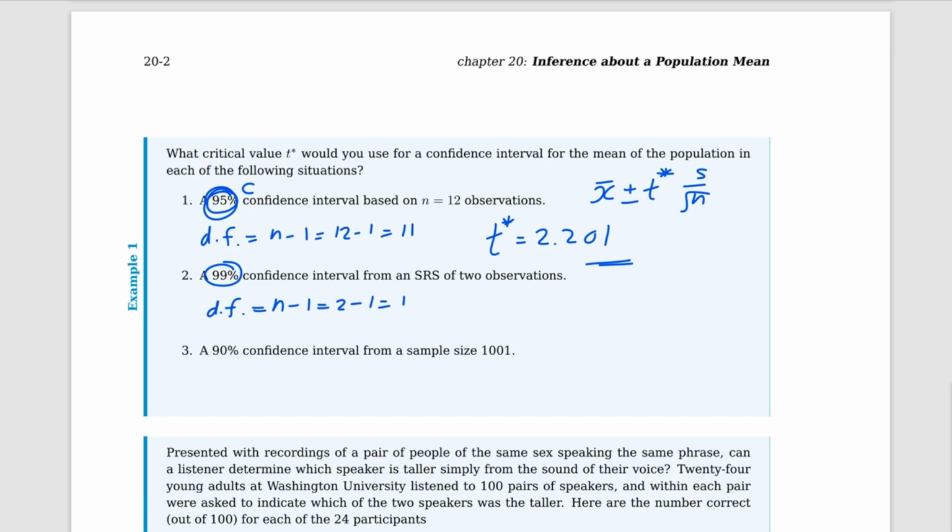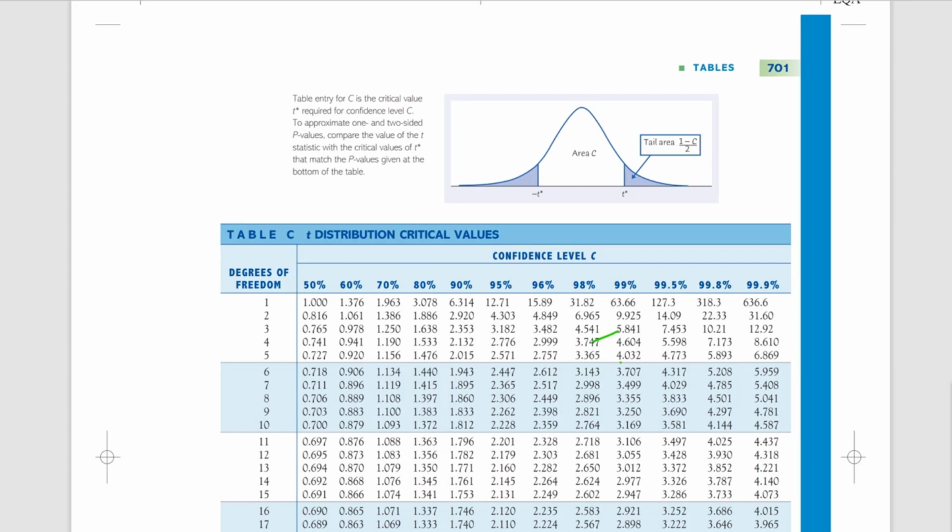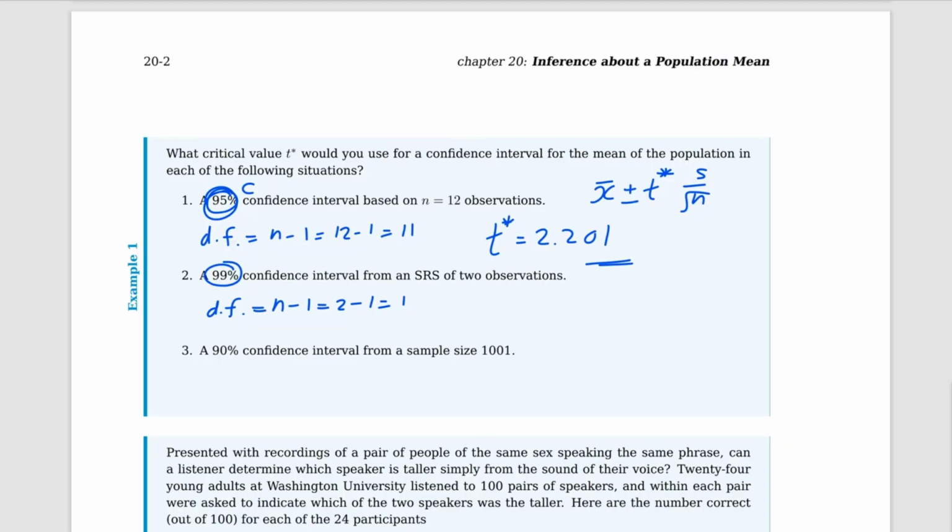And a 99% confidence interval means the confidence level is 99%, 0.99. Go back to the t table. You see 99% is here, and degrees of freedom is 1. So t star is 63.66.